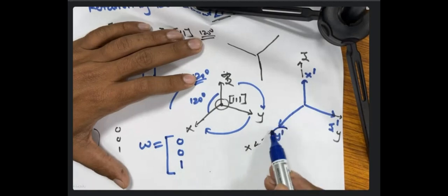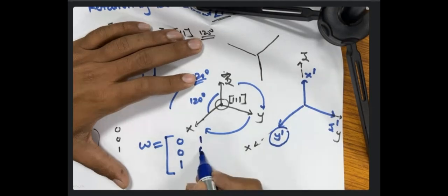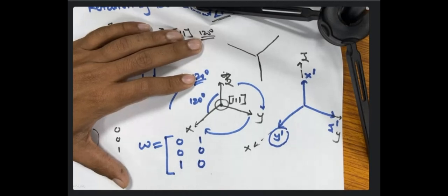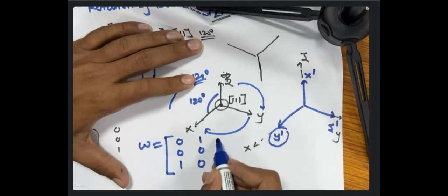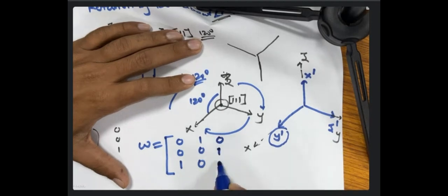Y has transformed to the y dash, which is along the x, and we can say it will be 1 0 0. And z has transformed to z dash, which is along the y, so we can say that it will be 0 1 0.